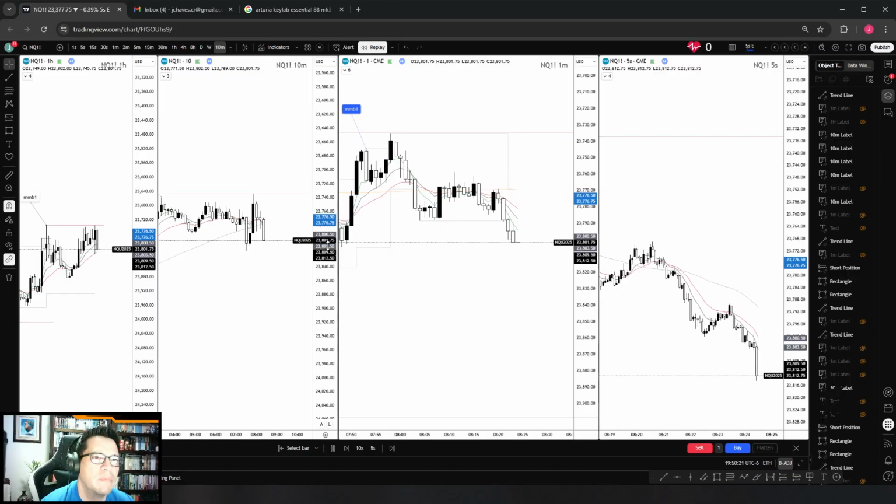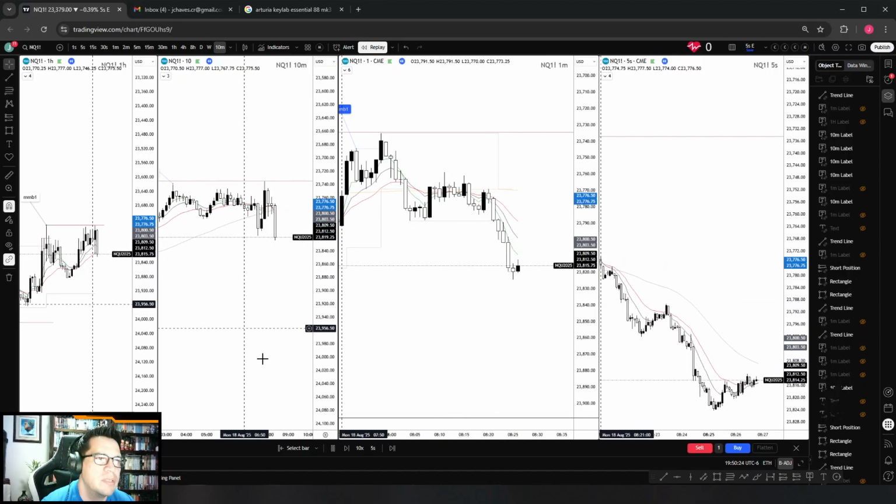So we're getting price below the EMAs on our context time frame.